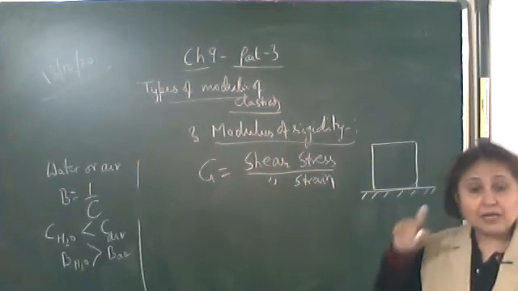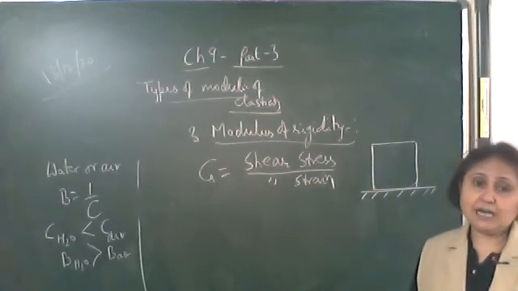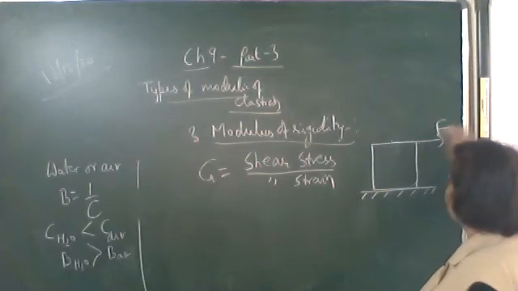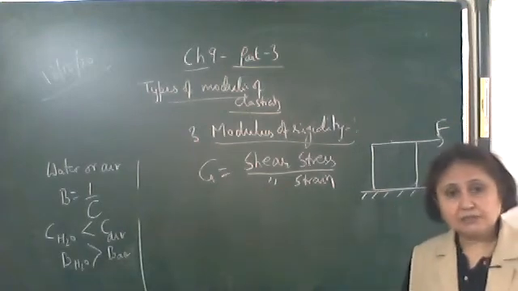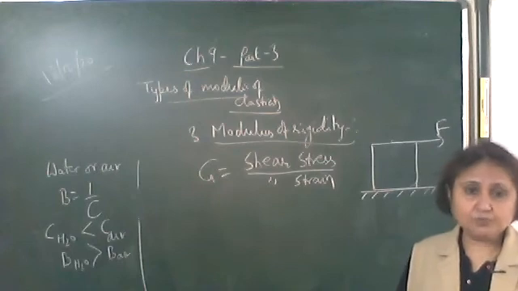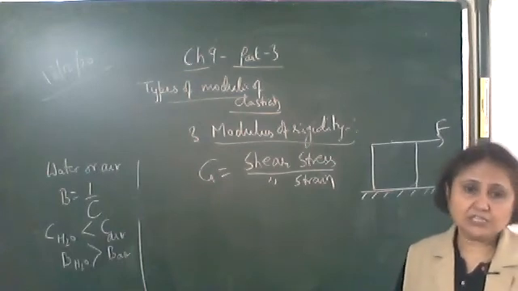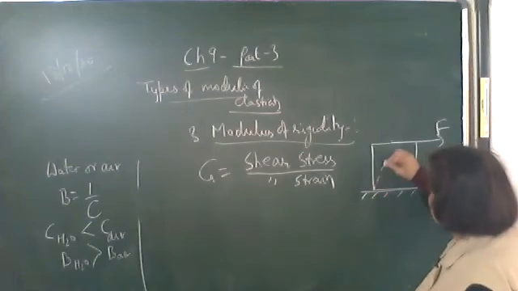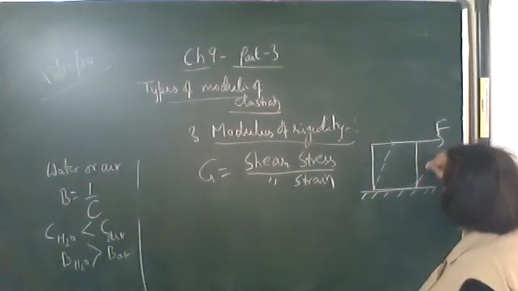Now, a tangential force is applied on the upper face so that the shape of the cube changes without any change in its volume. Only what is changing? The shape is changing. That is, this cube will be tilted by some small angle theta.